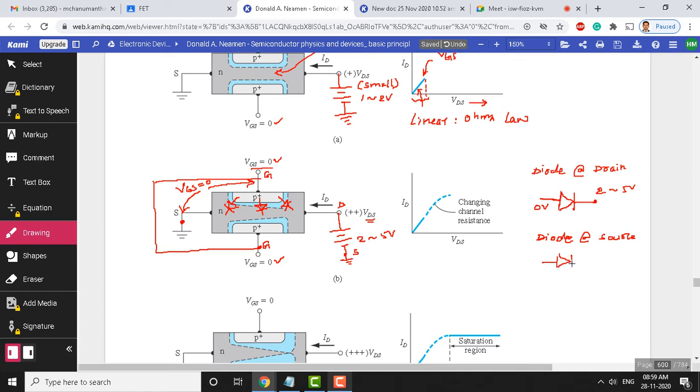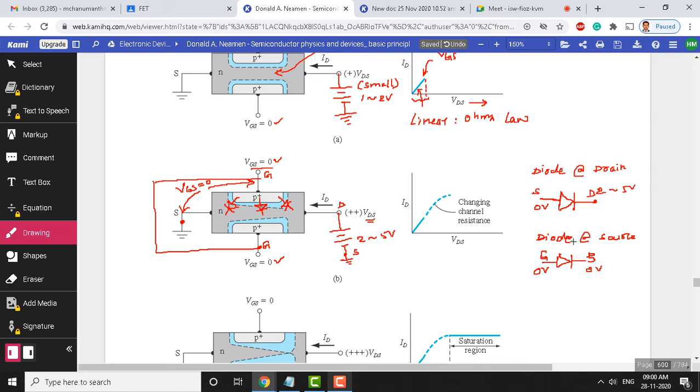If I write a diode here at source, this is going to be the gate and this is going to be the source. The PN junction here is not source and drain in this case. One side, the anode side, is the gate. Both are at 0 volts.